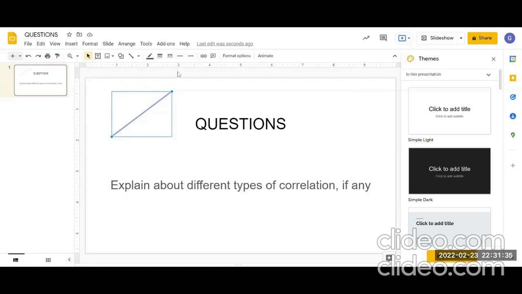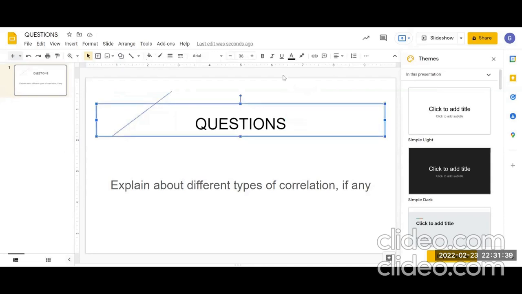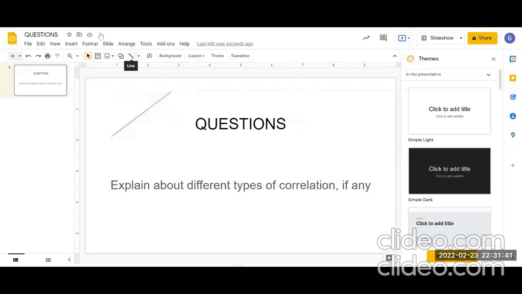If we consider negative correlation, the graph would be like this. We can consider two variables such as age and experience. Once you get aged, experience increases, which is a positive correlation.